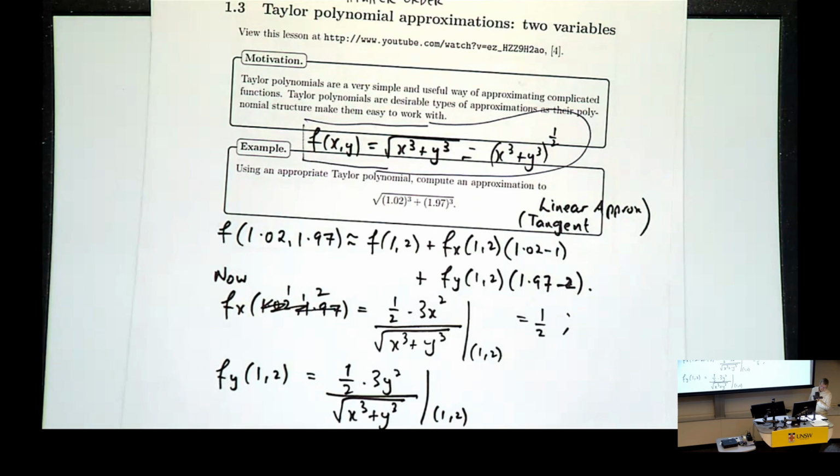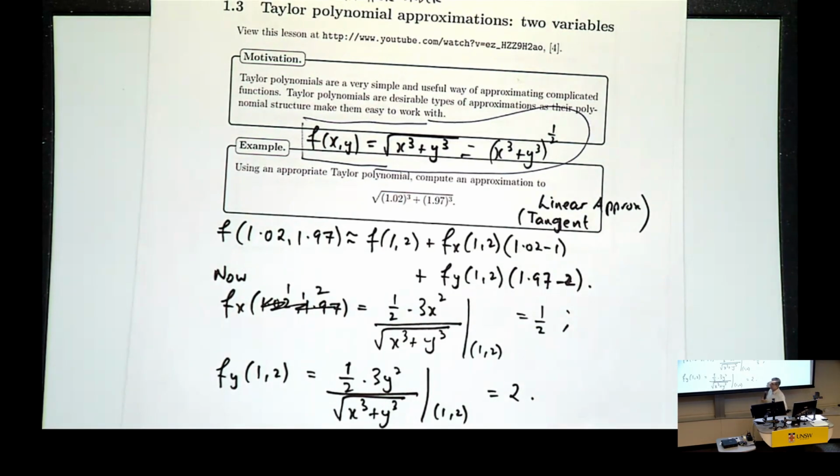Okay? So when you plug in x equals 1, y equals 2, you'll get 2. Just need to be a bit careful with that.